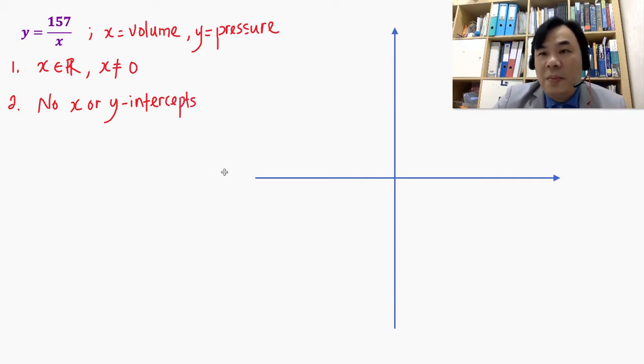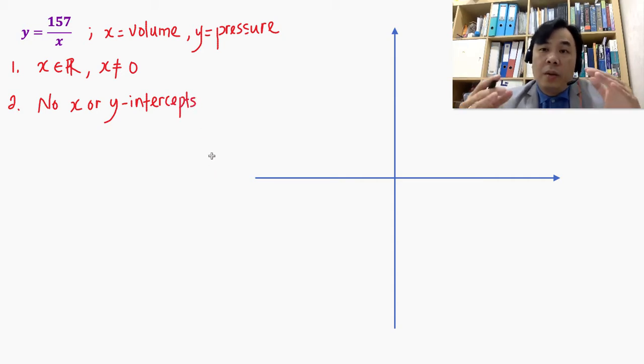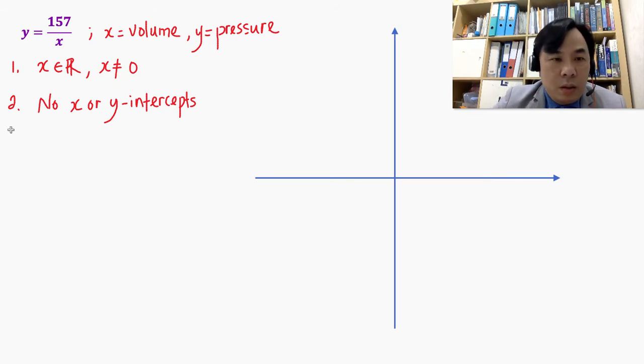That is easy. So we have visited the second guideline on how to sketch this rational function's graph. Now the third one.